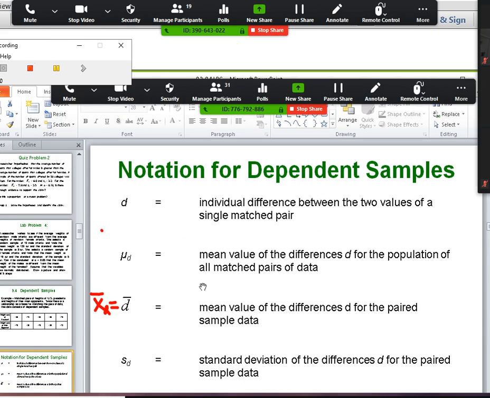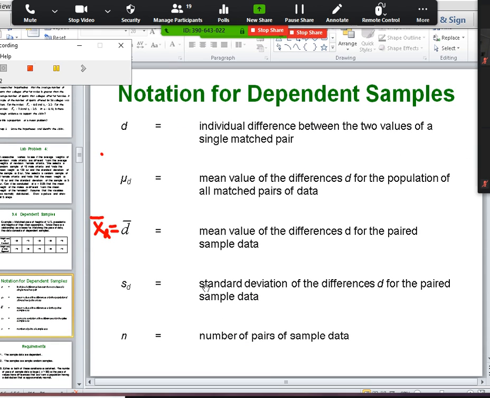Okay, so here's some notation. D, that's the individual differences between the two values of a single matched pair. So in other words, when you subtract them, the difference you get. Mu D, the mean of those differences, right? That's the population mean of those differences.